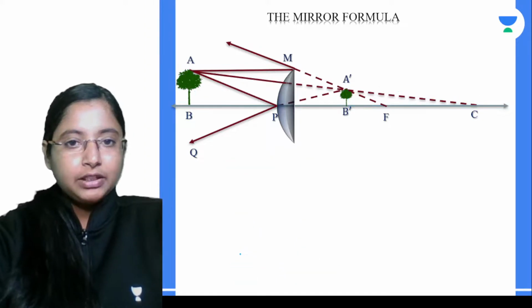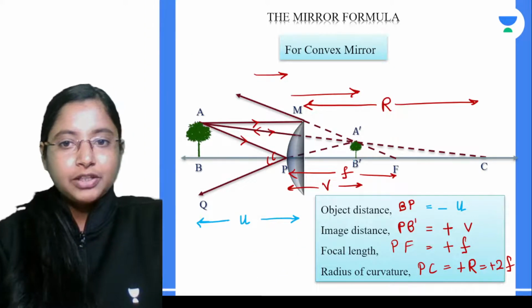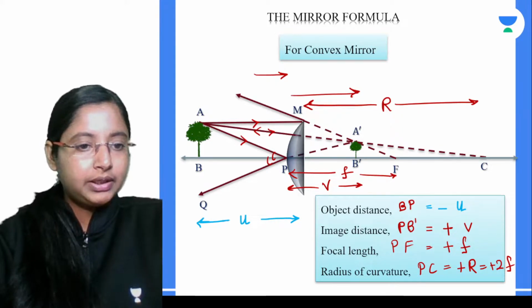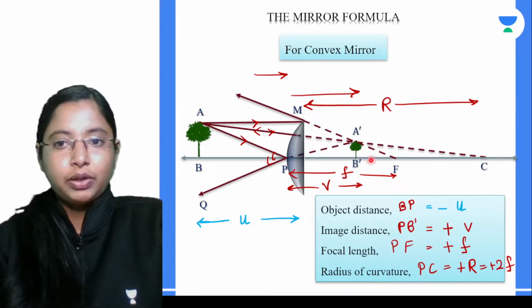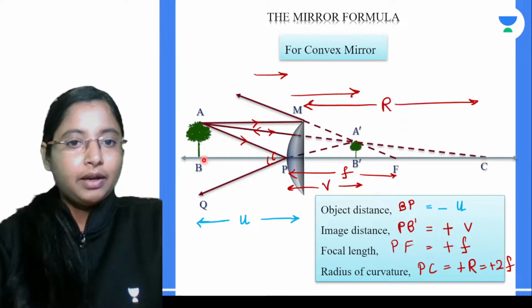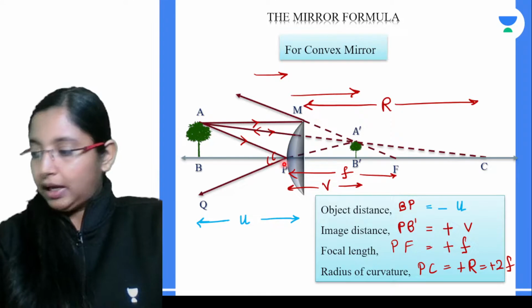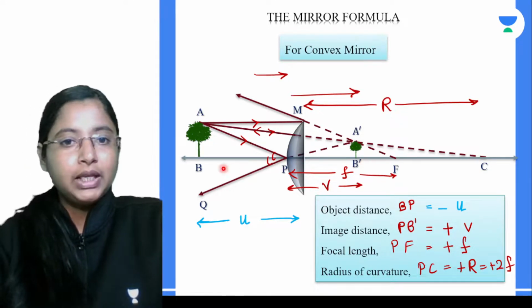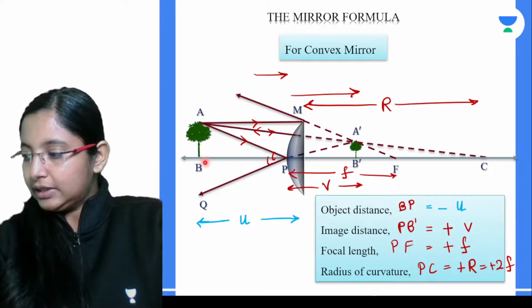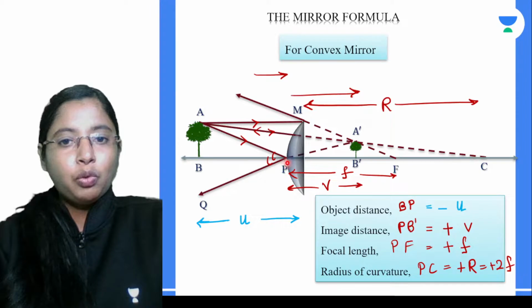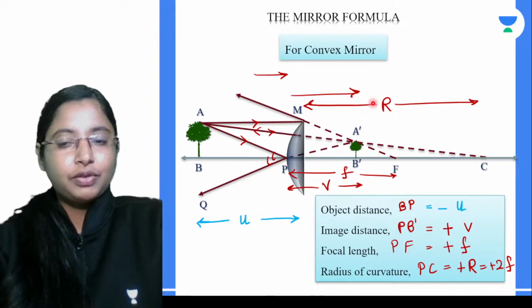Now look at B dash C over here. This distance we don't know, we have no idea what this distance is. But we can take it as BC minus BP dash. Why? B dash C we don't know, but what is P to C we know, that is radius of curvature, and P to B dash we know.